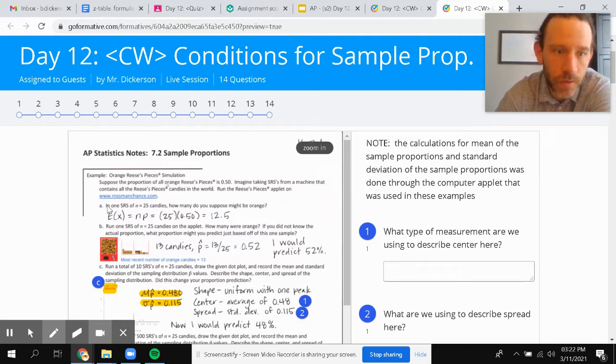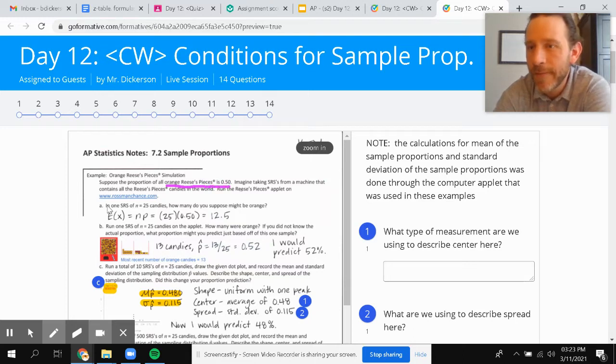So the company states that the orange Reese's Pieces make up 50% of the full production of all Reese's Pieces, okay? So we're going to imagine taking simple random samples from a machine and look and see if that lines up with the population. All right.